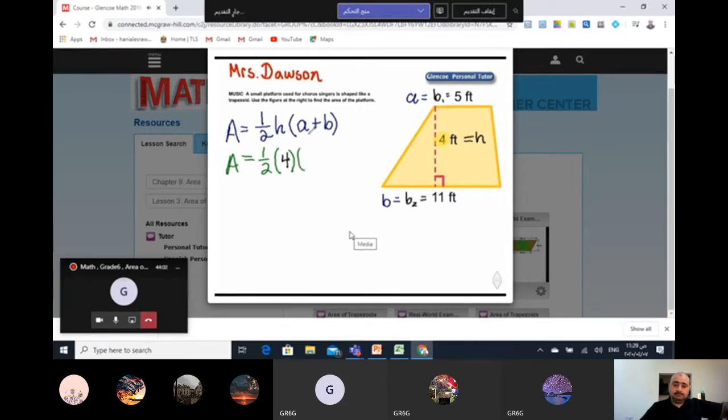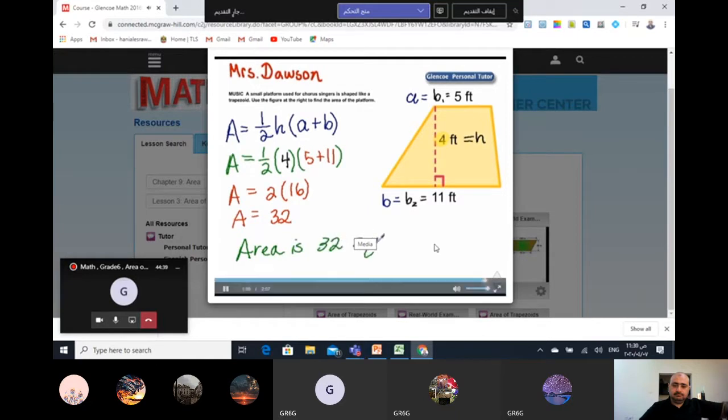And then multiplied by the sum of the bases. We have the short base is 5 and the long base is 11. Simplifying, 1/2 of 4 is 2, and the sum of 5 and 11 is 16. So the area of this trapezoidal platform is twice 16, which is 32. So the area of the platform is 32 square feet.